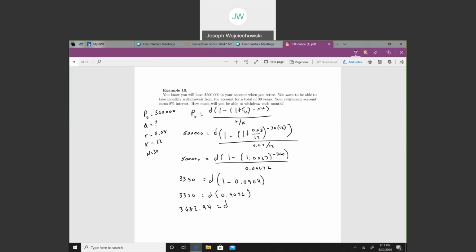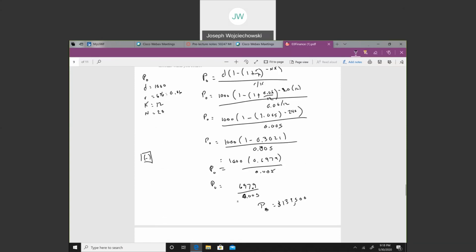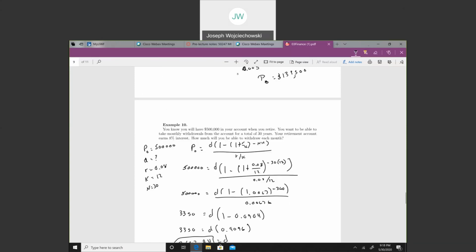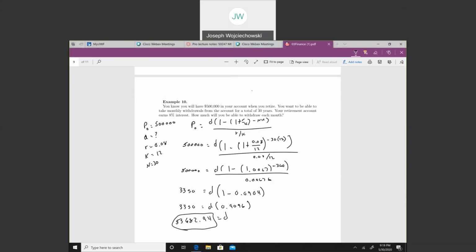That's right too. There's something wrong there. That does not appear right. But we followed the steps. Let's see. Okay, after looking at it, that's right. That's how much you can withdraw monthly.